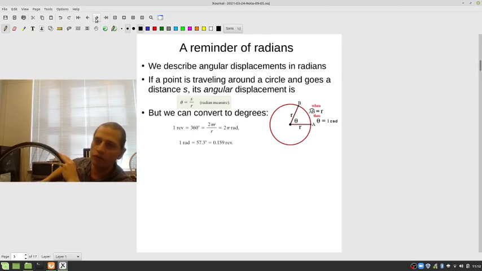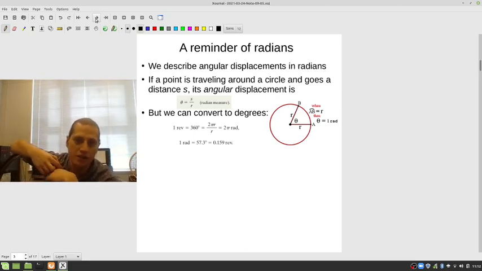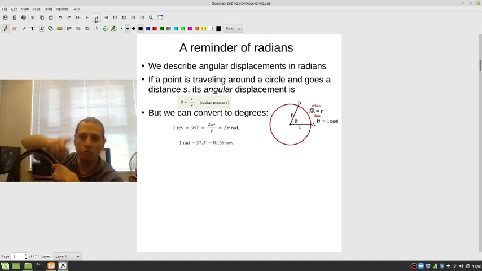But 1 revolution is around 6.28 radians. So it's a little tricky to think about. You go around once, and then you've gone 6 radians. But that's in fact just 1 revolution.